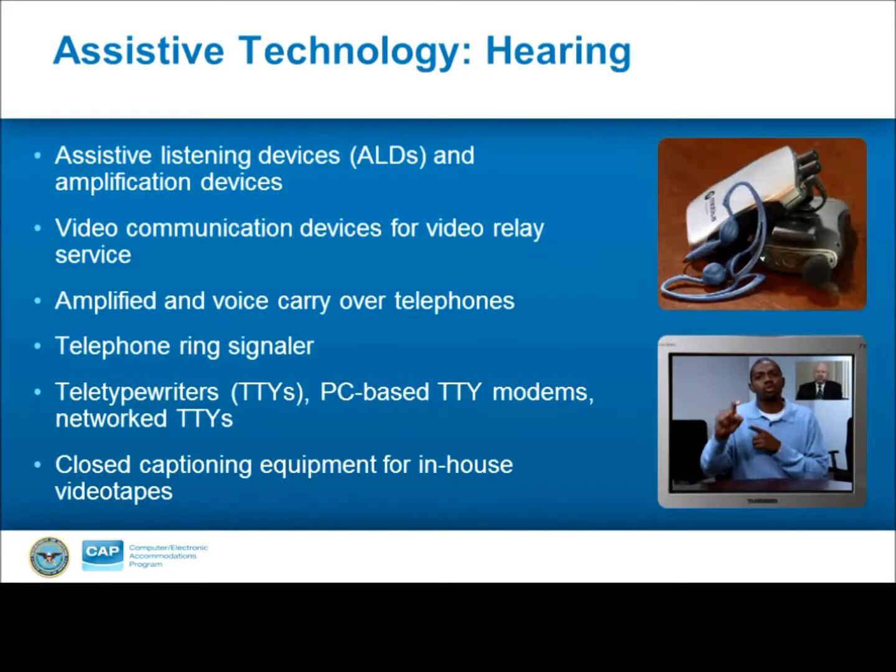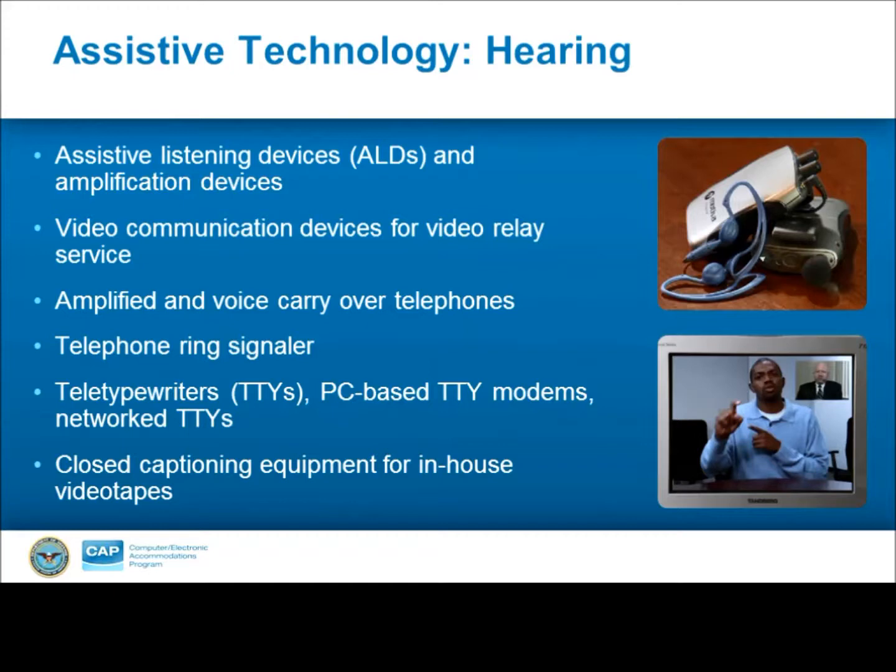Now people can experience many different things when it comes to hearing, including difficulties with volume, clarity, or pitch. Depending on what the individual is actually experiencing, something like an assistive listening device, or ALD, may be sufficient, which can actually amplify sounds. The individual can hear it at a volume that's perceivable by them.